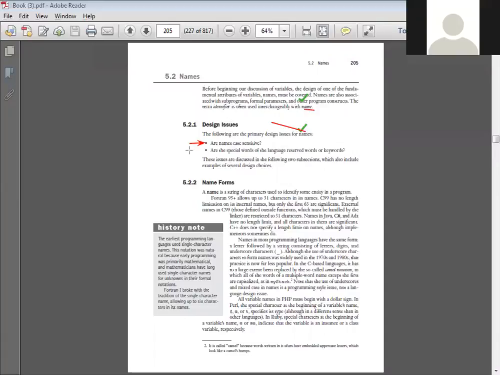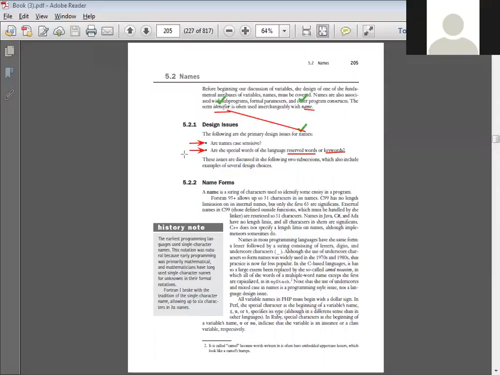The second thing that you need to remember is special words of the language, reserved words or keywords. What are the special words of the language? And what are the reserved words or keywords? I think we'll learn more about these in a few minutes. So it's important that you remember those.